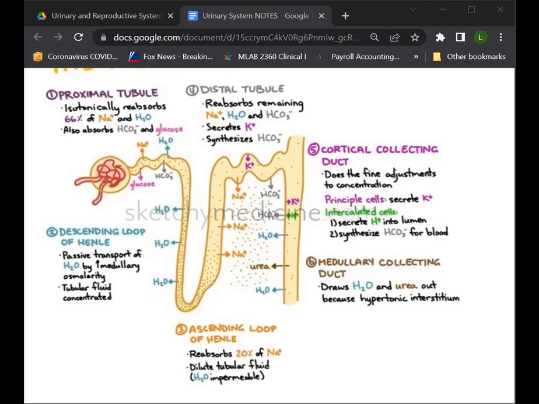Okay, and then the collecting duct is the last chance for water to go back into the blood.